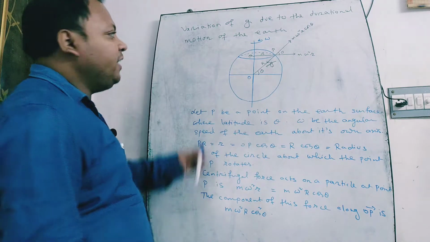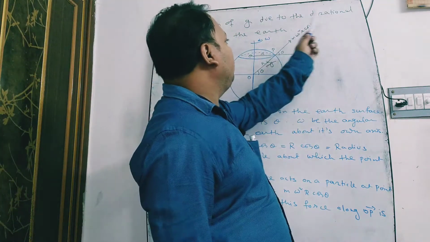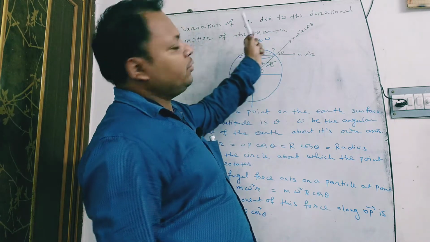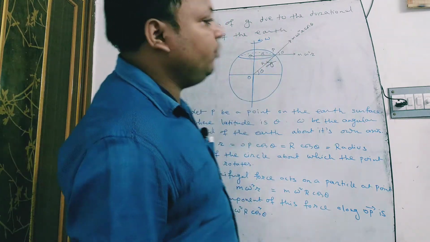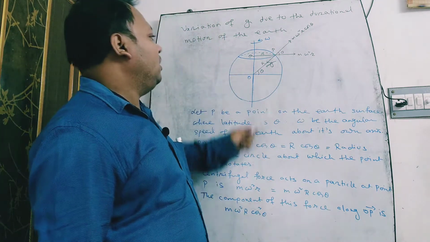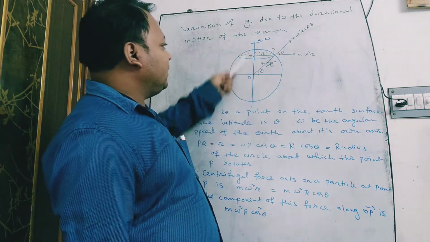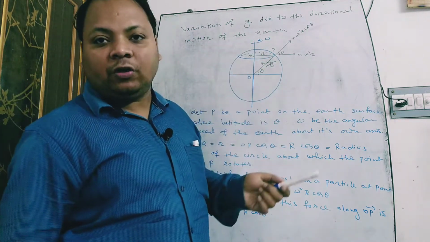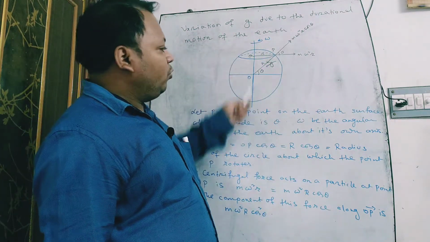Now, the variation of small g due to the diurnal motion of the Earth. Let O be the center of the Earth, and this is the axis of the Earth, and omega be the angular speed of the Earth about its own axis.